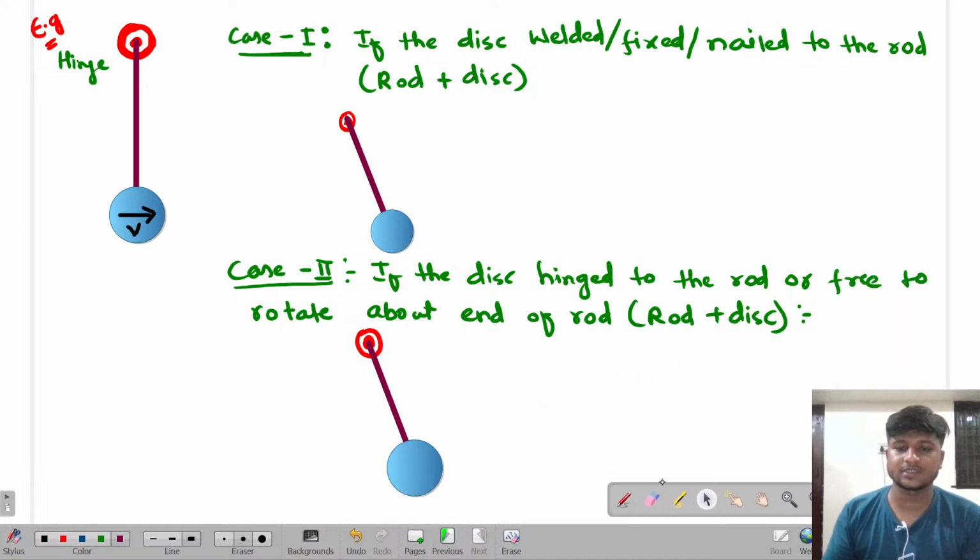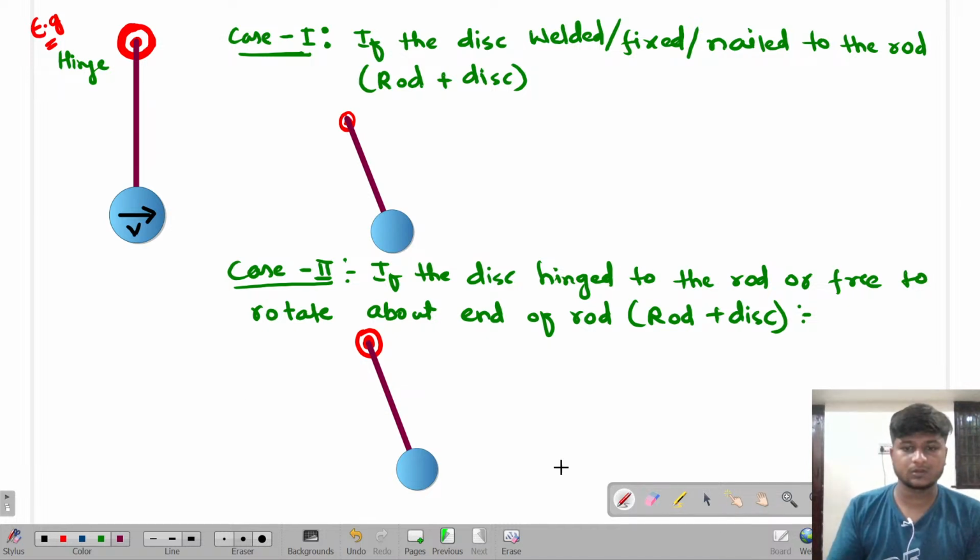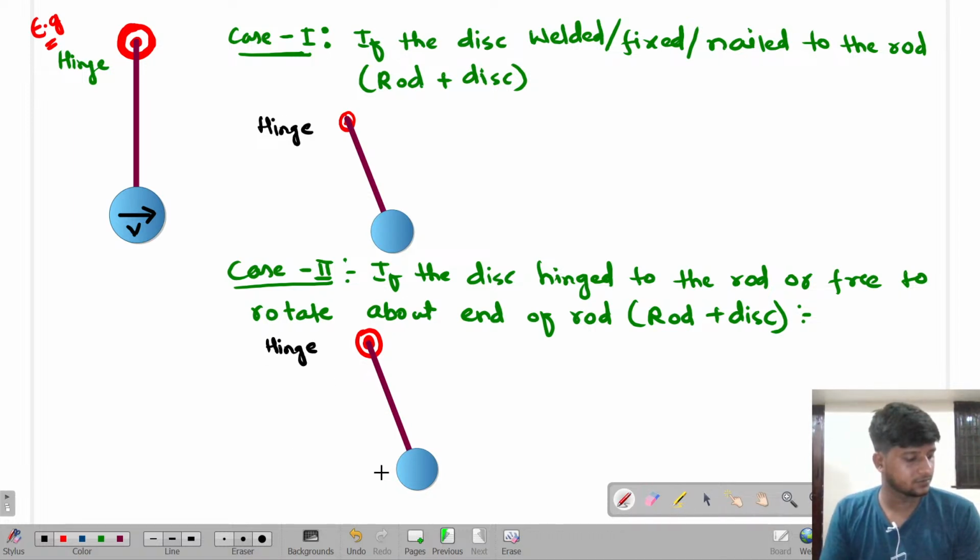Then you have to tell what is actually happening. Both are hinge. What will happen?